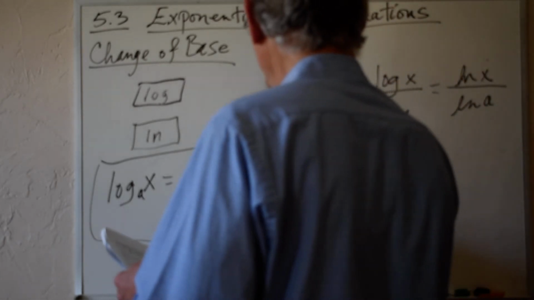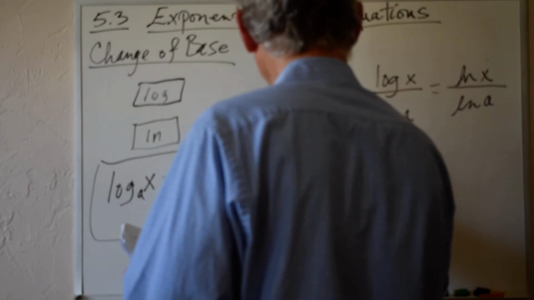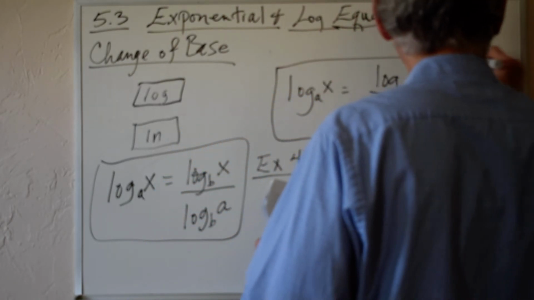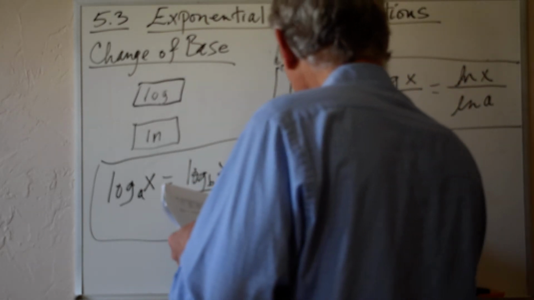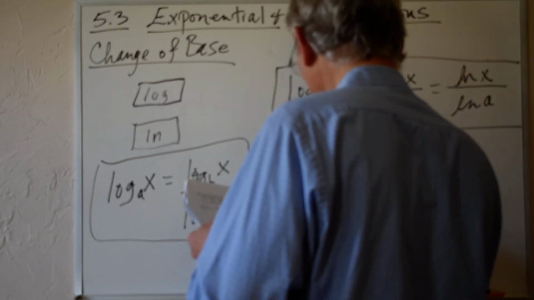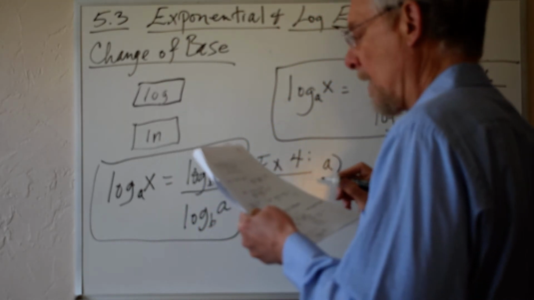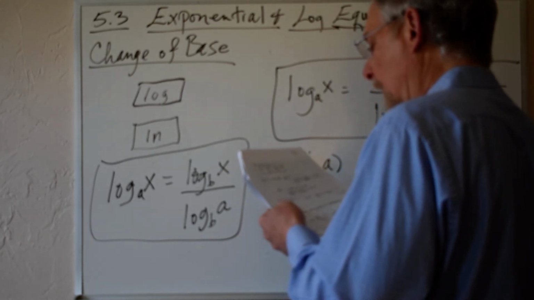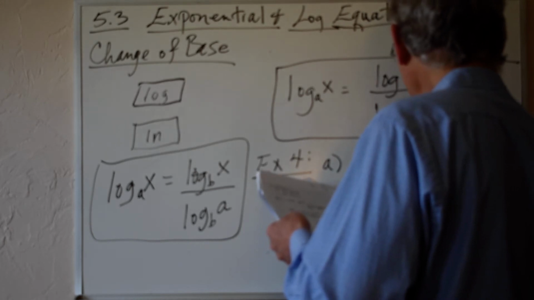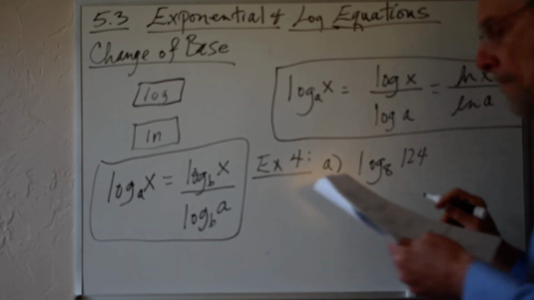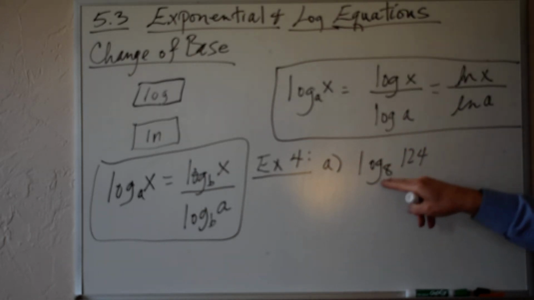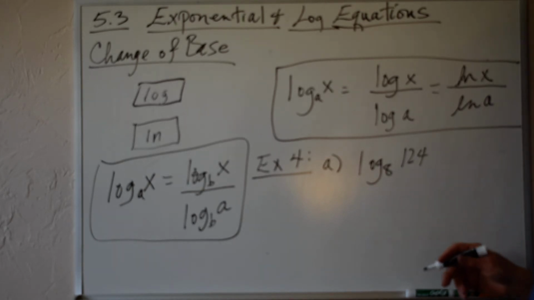Let's look at example 4. Evaluate, this is part A, evaluate the log to the base 8 of 124. Now, of course, we don't have a key in our calculator that will let us take a log to the base 8.